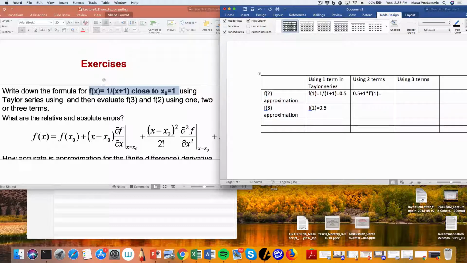I'm just saying, this is f prime of x0. My x0 is 1. Putting things into the formula. Okay, there's somebody. So this is minus 1 over 4, which is minus 0.25.